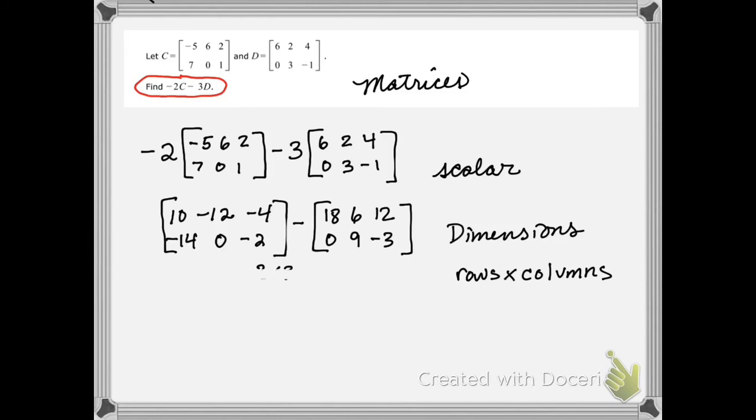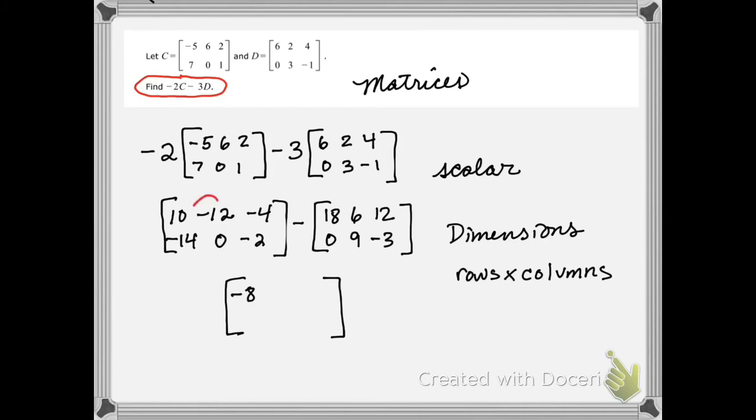Okay, so now that I've got those identified here, they have the same dimensions, then it's just I add or subtract each element. So this element here, I'm going to subtract the element that's in the same position in the second matrix. So this will be 10 minus 18, giving me negative 8.